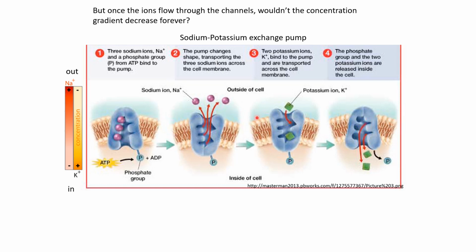And in this configuration, then it can bind to potassium ions, and then it again folds inside and pushes these potassium ions inside. So with the consumption of 1 ATP, basically the pump has thrown 3 sodium ions outside and brought 2 potassium ions inside. And that is how it helps in maintaining both the sodium gradient as well as the potassium gradient.